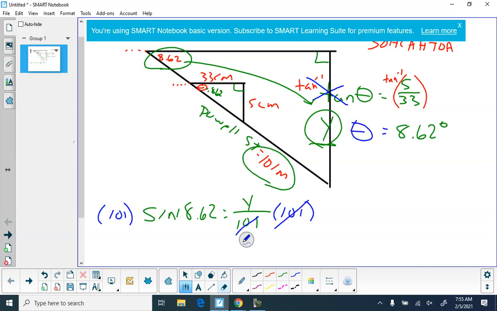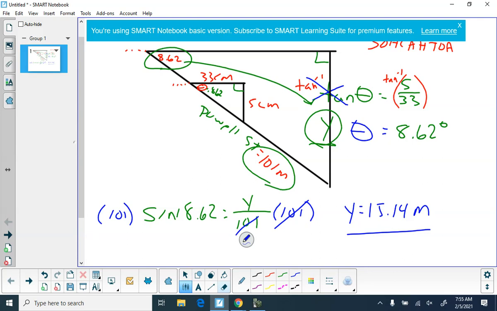So we have 101 sine of 8.62. Sarah, what do you get for a solution? 15 point what? And make sure we get units there. Meters, which would be paces because she is tall. Make sure you get your units in.